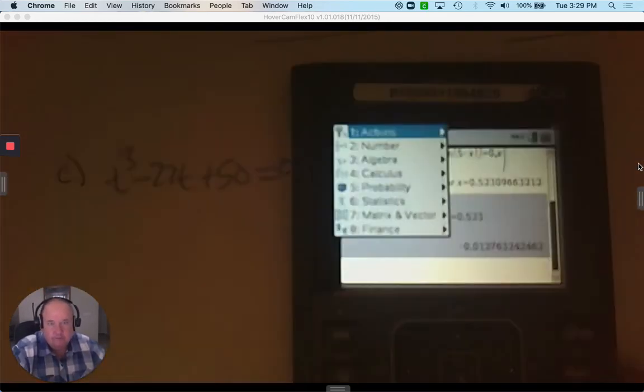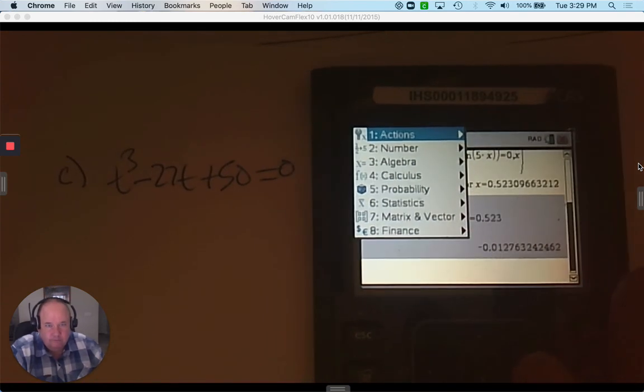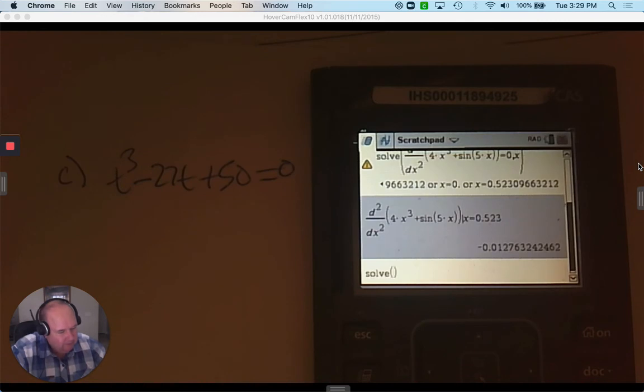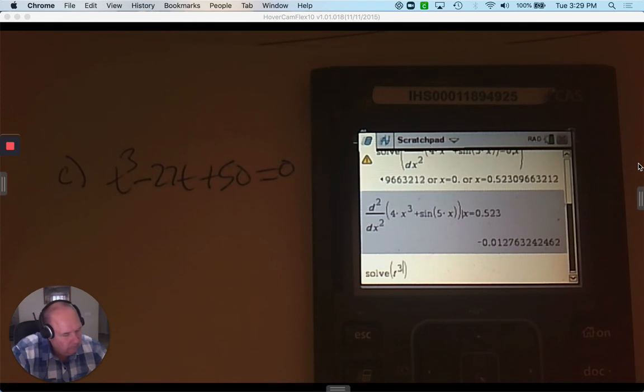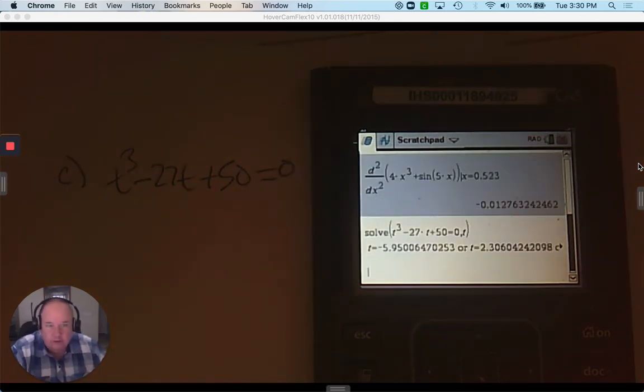Menu, algebra, solving. So if I do that, I get negative 5.950.